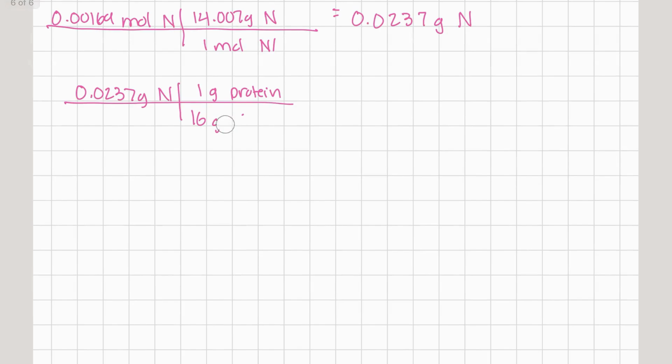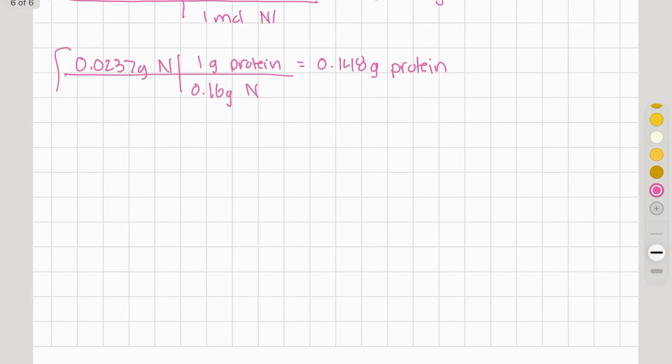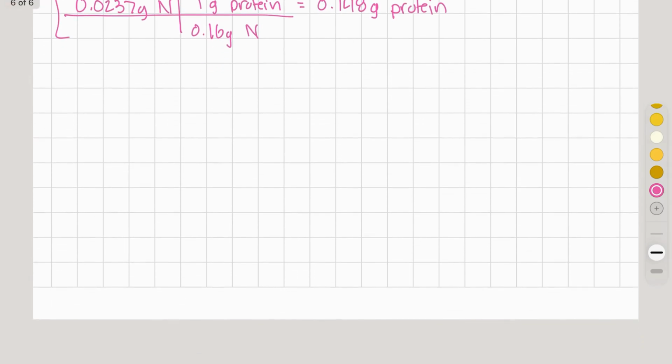Oh, sorry, this should be 0.16 grams of nitrogen. And so that would tell me I have 0.148 grams of protein.